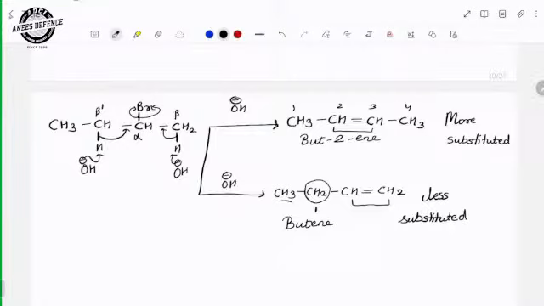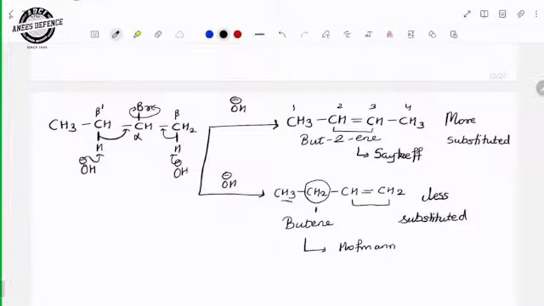So always remember, whenever we are getting more substituted alkene as a major product, then that reaction is known as Saytzev elimination. And if we are getting less substituted alkene as a minor product, then that reaction is known as Hofmann elimination.